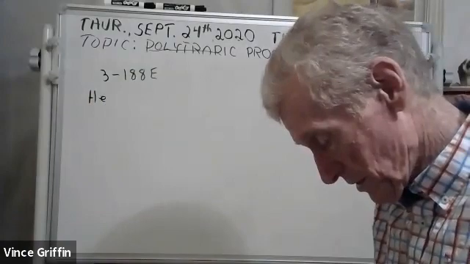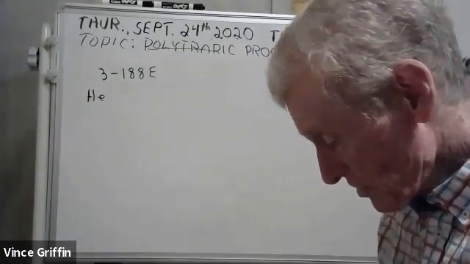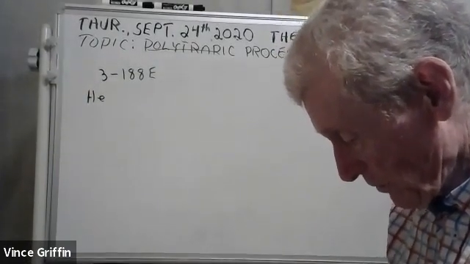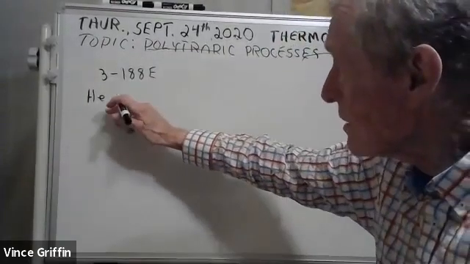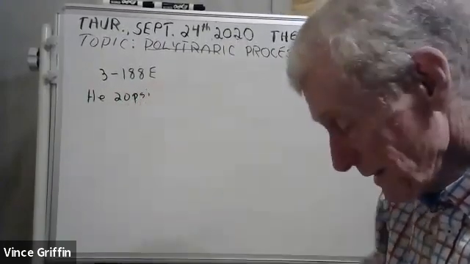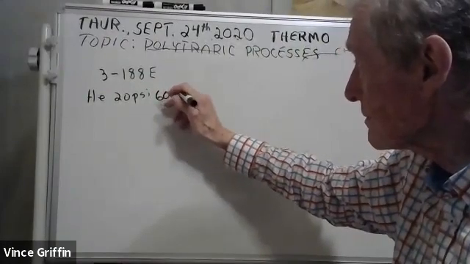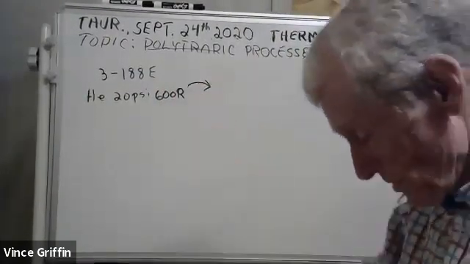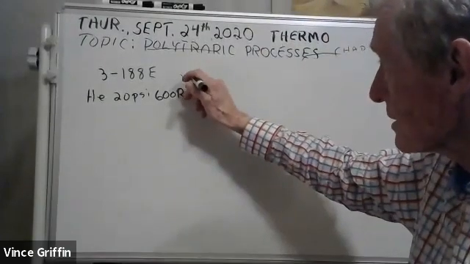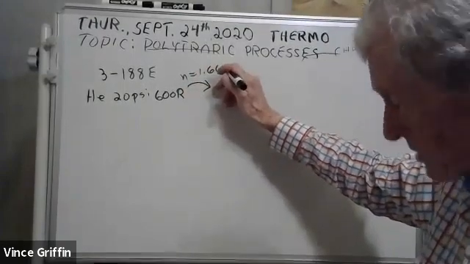It's helium gas, goes from 20 psi. It expands. It's similar to what Mohammed was asking me about, or maybe it was Nathan. Somebody was. 20 psi, 600 Rankine. And we're going to go in a polytropic process. Hey, that's that same polytropic constant, isn't it?